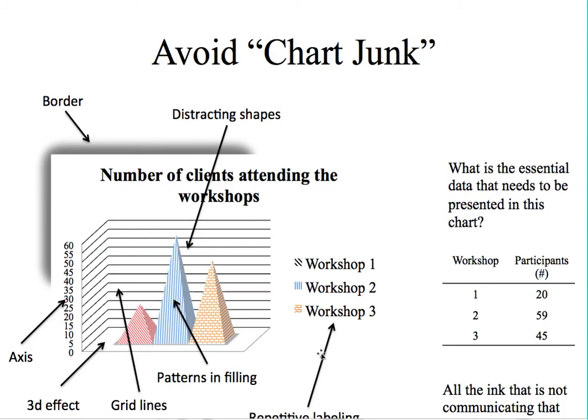And you have repetitive labeling here: workshop, workshop, workshop, repeated 3 times. So this is a lot of junk. We have 6 numbers that we want to communicate, and 2 words. By the way, it would be better to communicate all that information in a table. But if you want to show it graphically, there's a better way to do it.